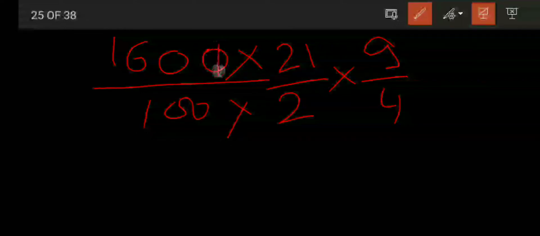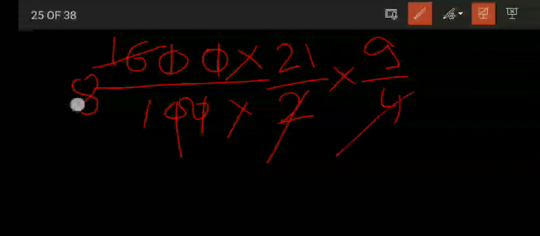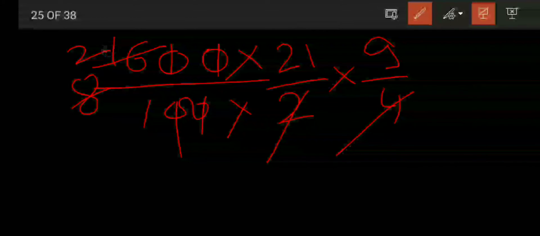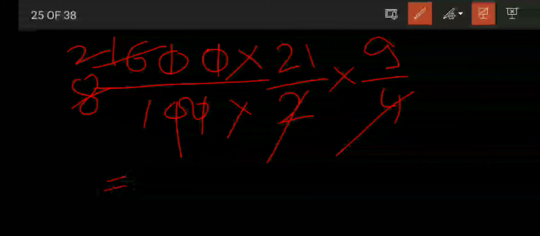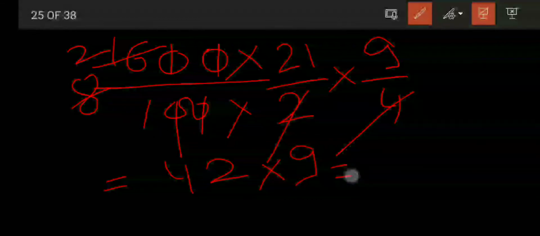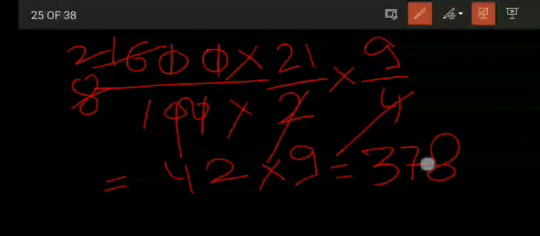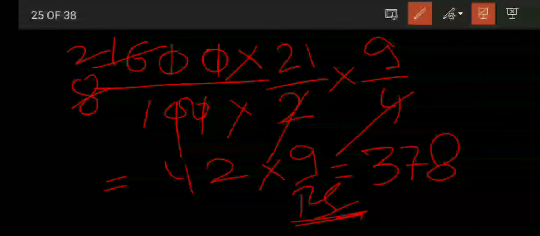Then we'll cancel. 2 8s are 16, 4 2s are 8. Now, we'll multiply. 2 1s are 2, 2 2s are 4 into 9, that comes to 9 2s are 18. 9 4s are 36, plus 1, 37. So, what would be the simple interest? That would be 378 rupees. This is simple interest.